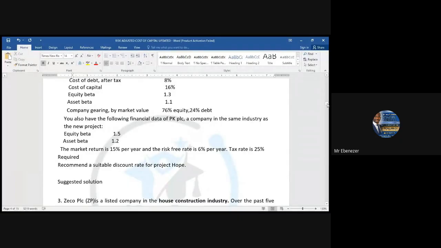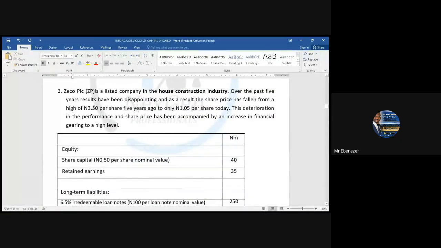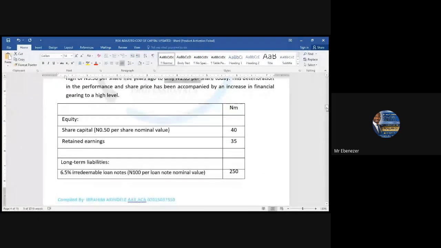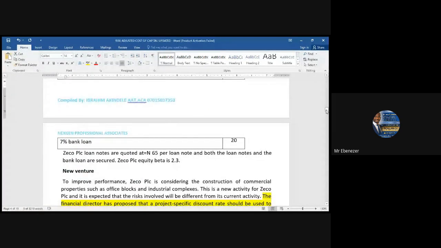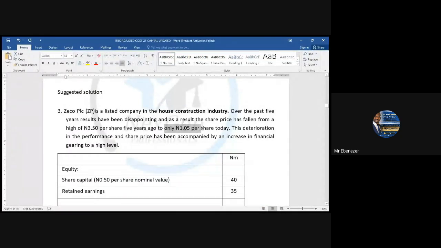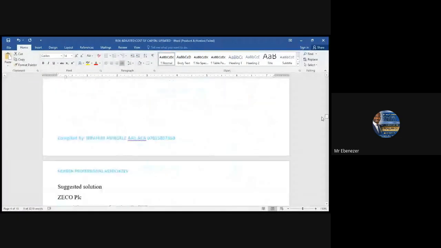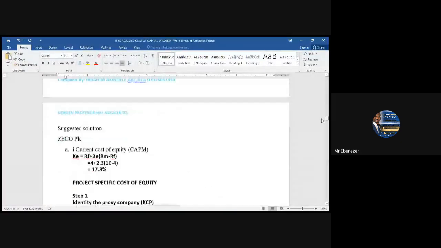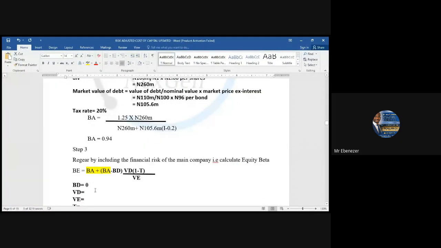We're given the current market price. So if there is a current market price, that means we can determine the market value of equity. So therefore, should I start with debt? Okay, let me start with this.